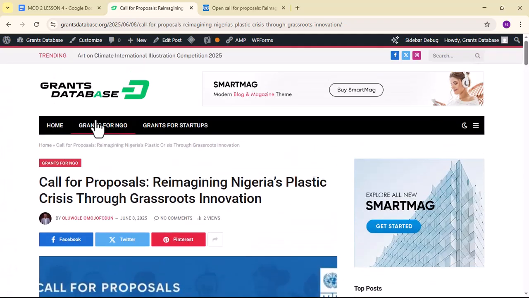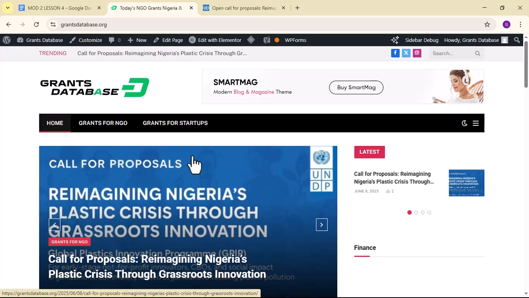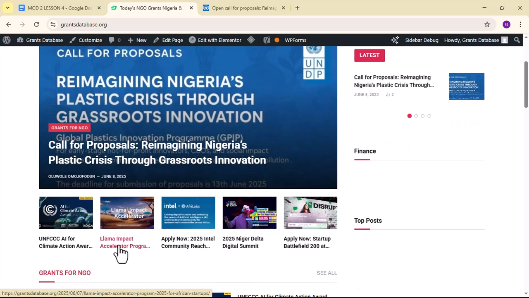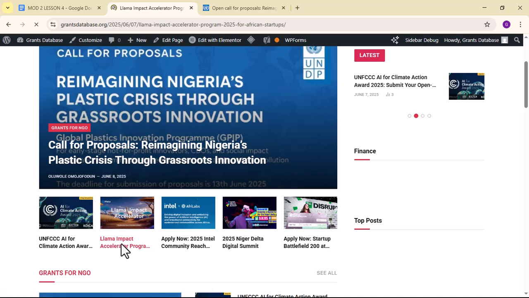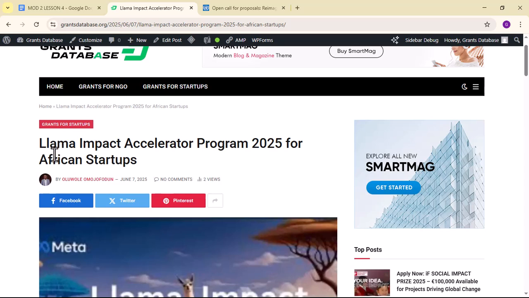So let's take on another CFP and do some analysis on it. All right, let's look at this Llama Impact. Now, this is another CFP for African startups.